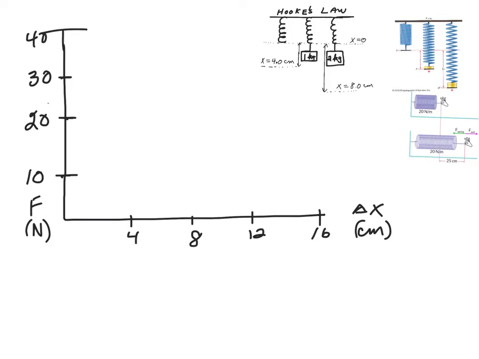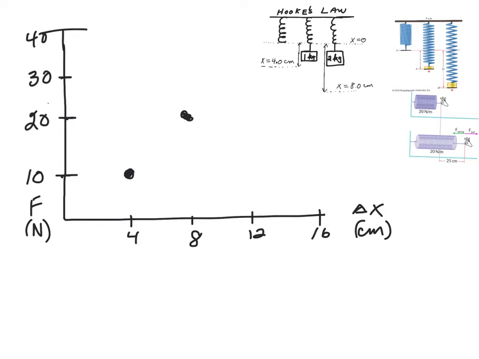So anyway, if we did a graph, so here's the graph of what we just did. A force of 1 kilogram, which is 9.8 newtons, I'm just calling it 10, gives a stretch of 4 centimeters, and a force of 2 kilograms, or approximately 20 newtons, stretches the thing 8.